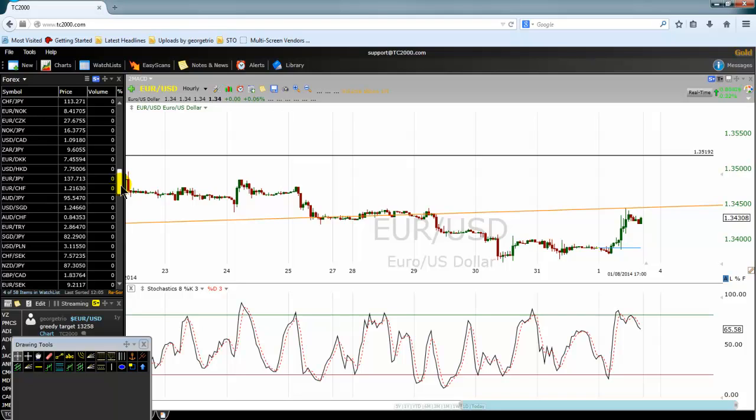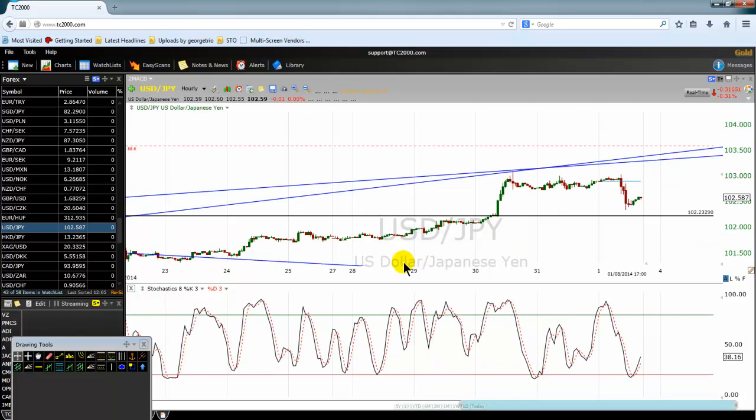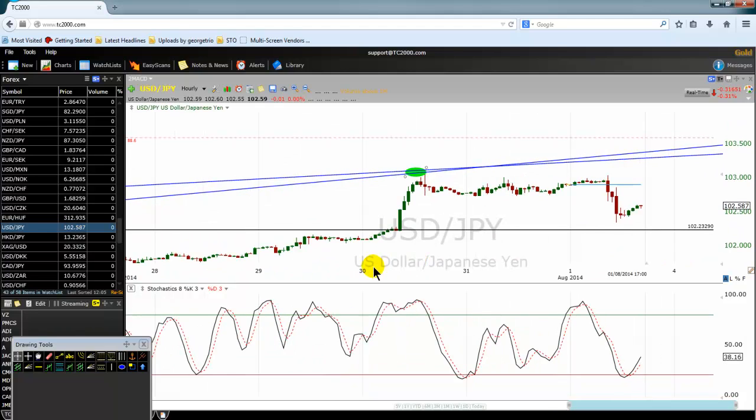So Euro USD has a high chance to go up, and the dollar yen has a high chance to go down. Now, with that information, there is a high chance that the non-farm employment change will be bearish. This is how we can use the wave principle to trade major economy news.